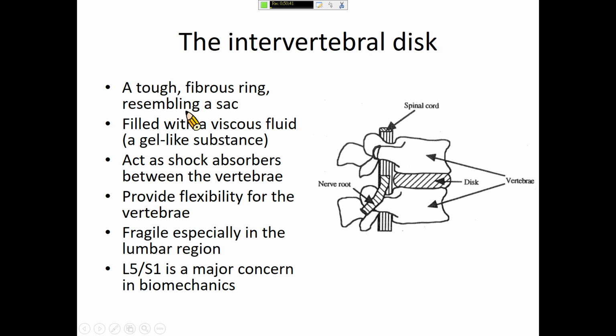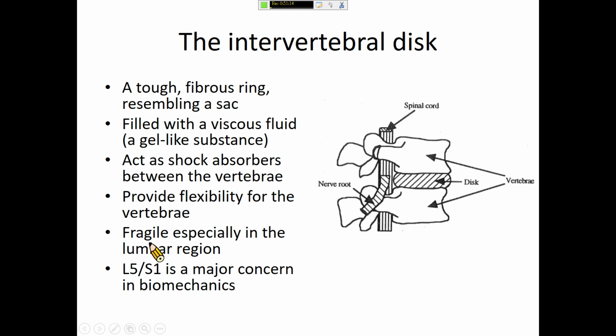The disc tissue is a tough fibrous ring, resembling a sac, and it's filled with some viscous fluid, a gel-like kind of substance, and it acts as shock absorbers between the two vertebrae, and it also provides some space here. So it provides flexibility for movement.